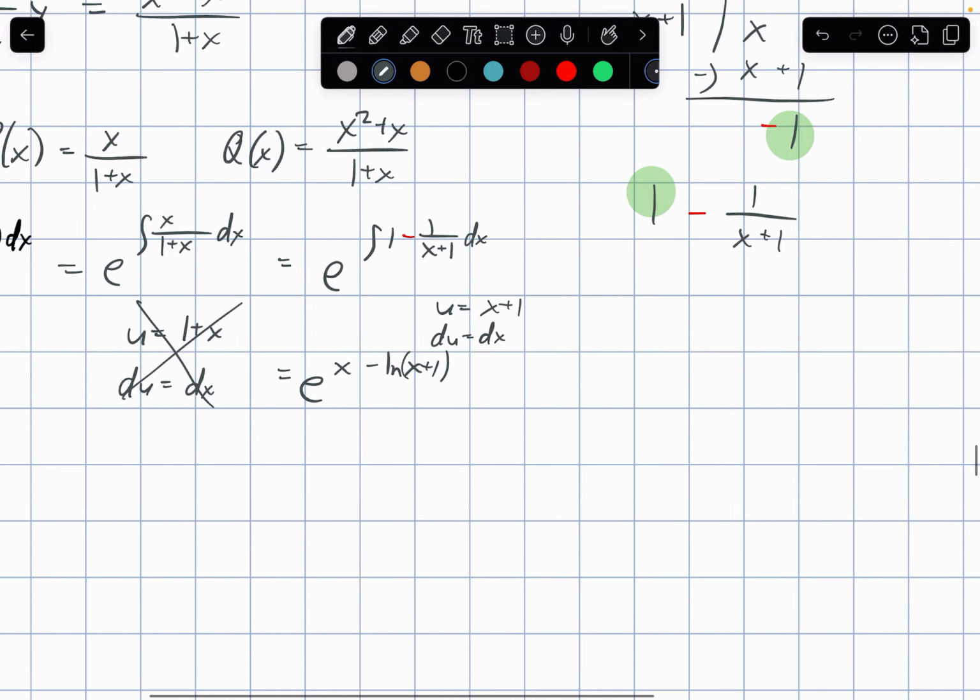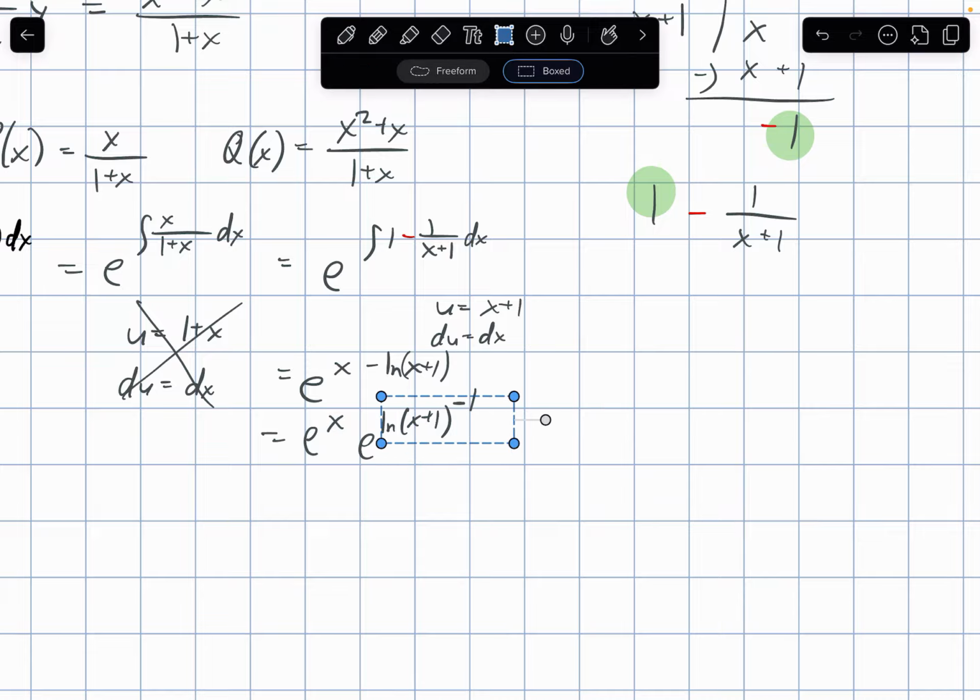And then e raised to x, e raised to negative ln of x plus 1. I think we can rewrite it that way. We can transpose the minus sign to the exponent position. That is a property of logarithm. e raised to x, cancel e and ln. We get x plus 1 raised to negative 1.